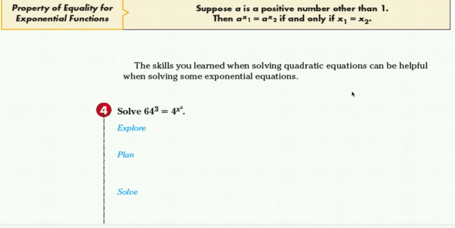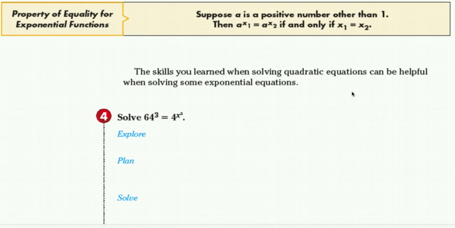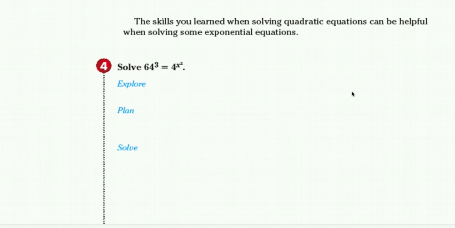And let's see how this particular property is applied in example 4. Okay, and the skills you learned when solving quadratic equations can be helpful when solving some exponential equations. You have 64 to the third equals 4 to the x squared. Now again, they do not seem to have the same base, but actually they do, and let's see how.